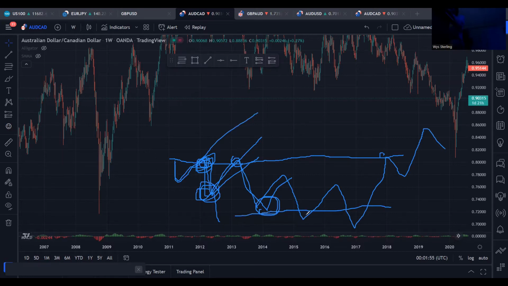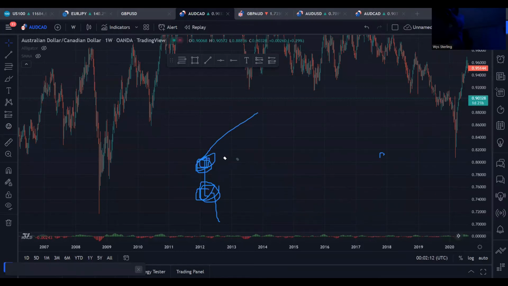So support and resistance simply means a place where a decision took place in order for the market to continue or to reverse. Simple as that. So let's look at the market and I'll teach you how to identify the support and resistance and how to draw them correctly.